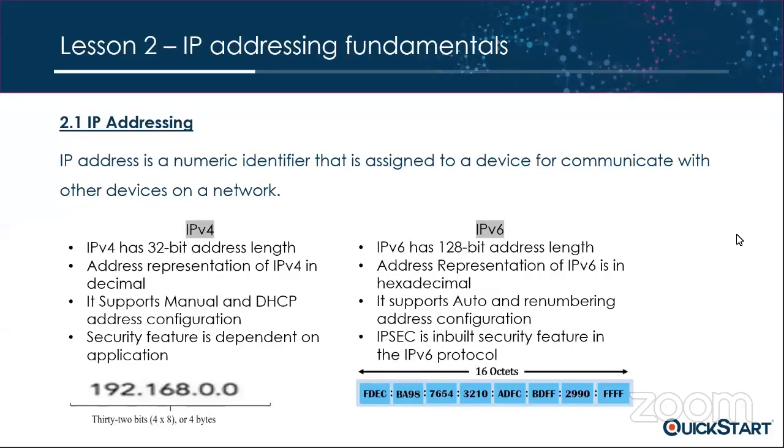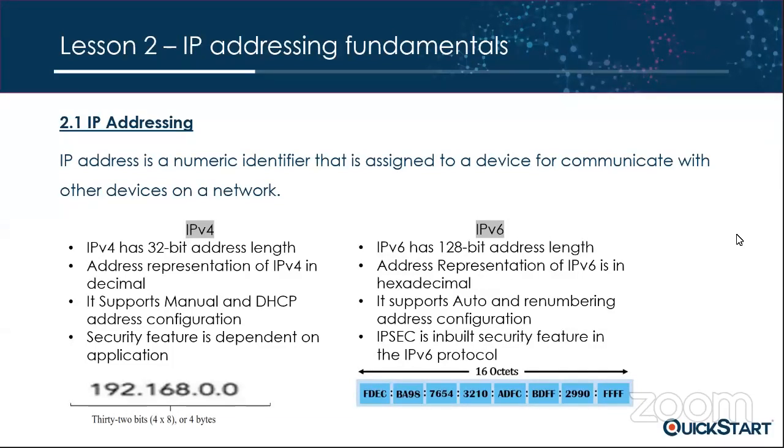You may have come across IPv4 and IPv6 with the versus sign, right? The main difference between IPv4 and IPv6 would be the address length. IPv4 has 32 bits of address length, which means it has 4 octets, and IPv6 has 128 bits, which is large enough to be unique, right?